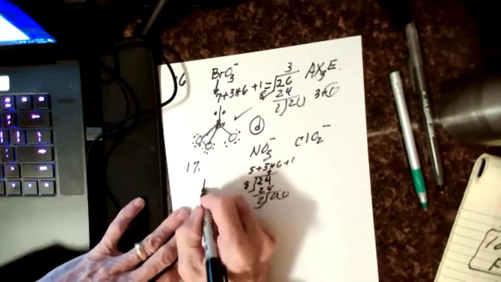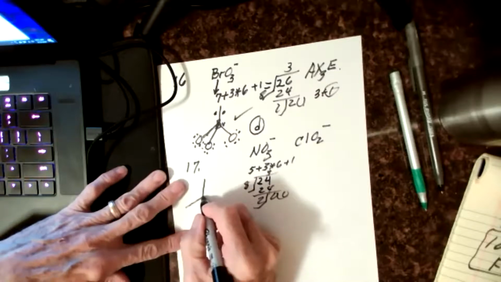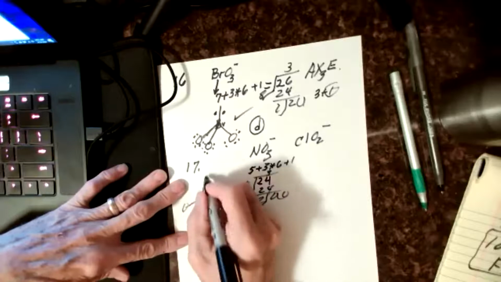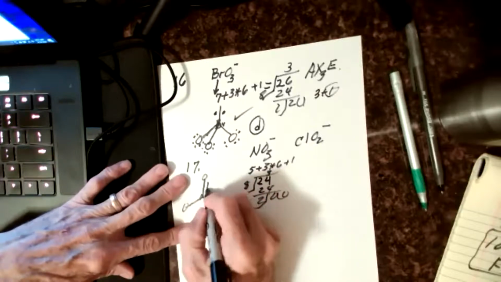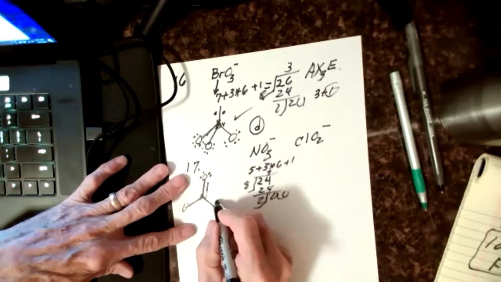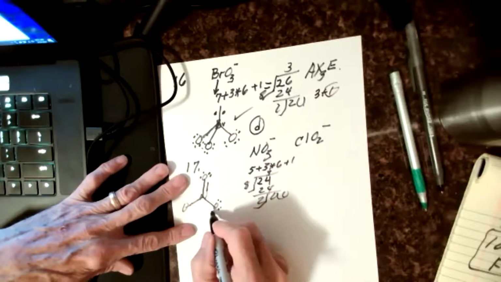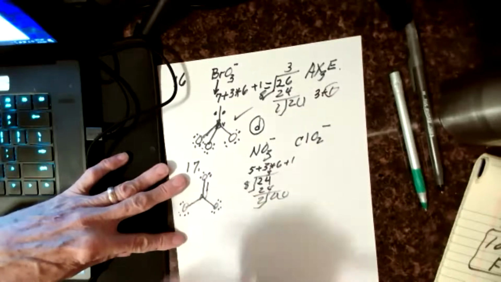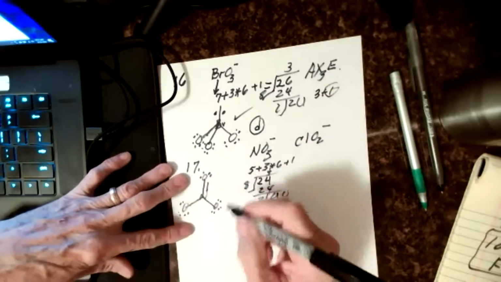NO3 is trigonal planar. No lone pairs means there's going to be a double bond to one of them. There'll be some resonance structures available for this, of course. Okay, and so that's what it looks like.